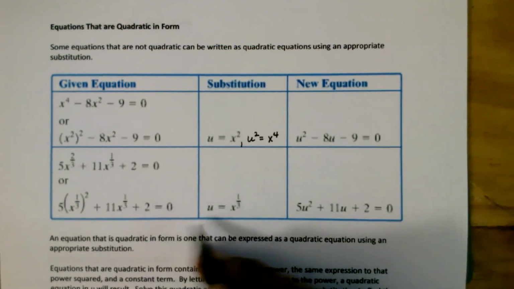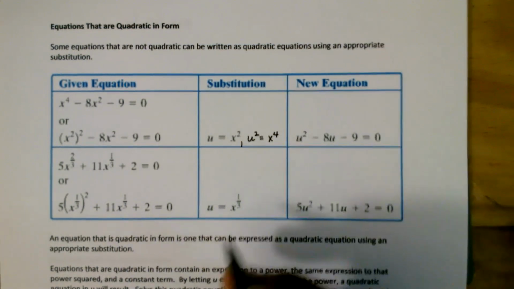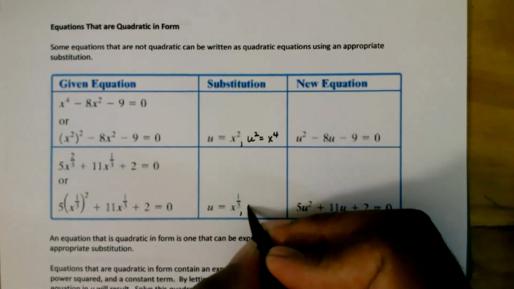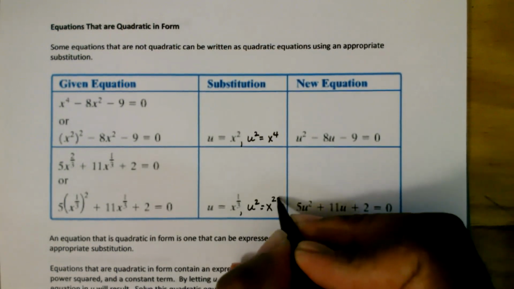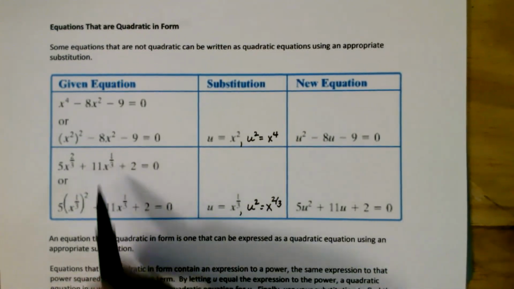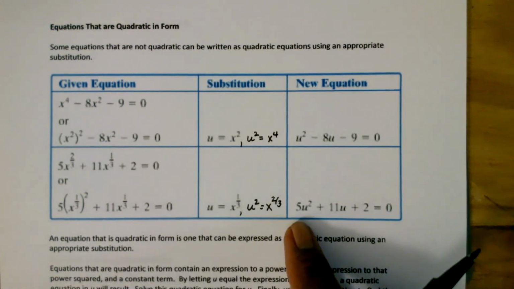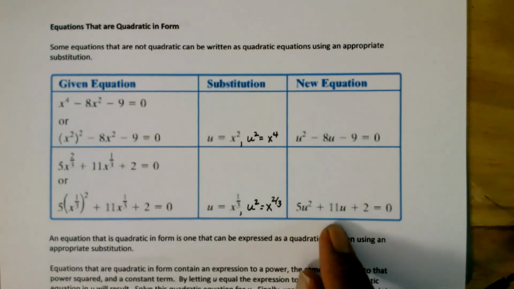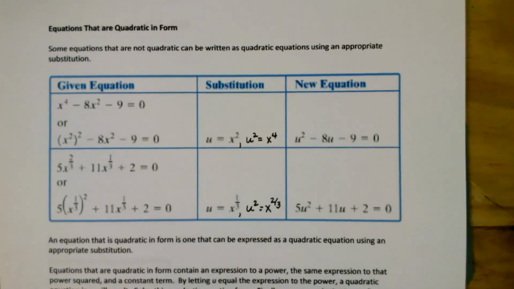Let u be whatever this middle term is, u equal to x to the 1/3. And then if you square both sides, you'll have u squared is equal to x to the 2/3. And then you'll make your appropriate substitution in terms of u to get 5u squared plus 11u plus 2 equal to 0.